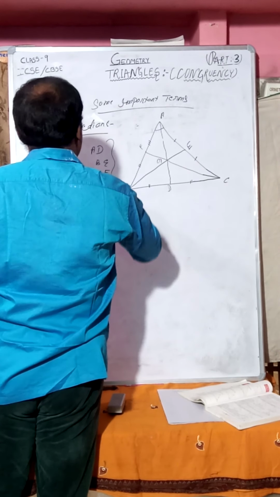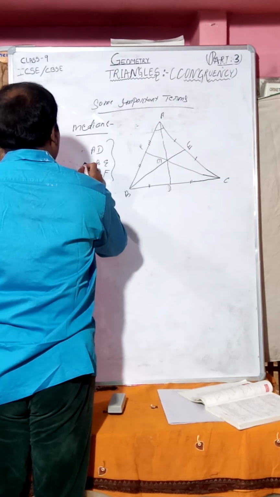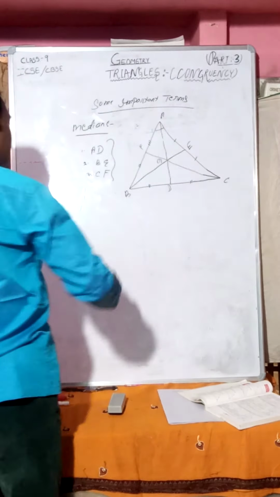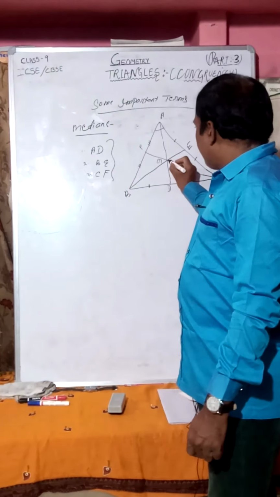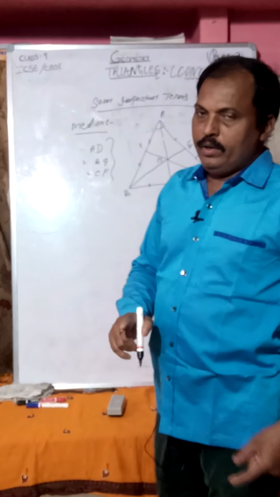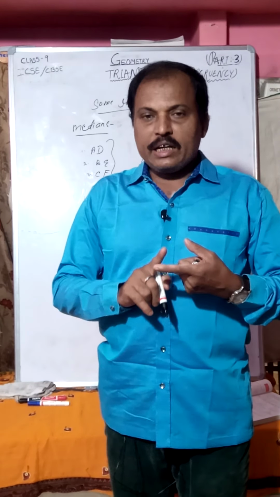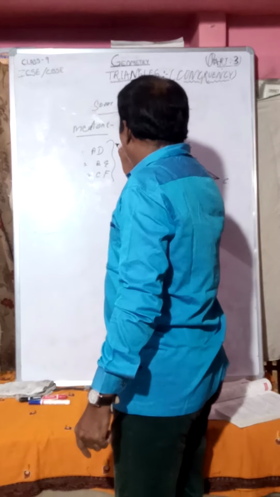3 medians of a triangle, 1, 2, and 3. The intersecting point of the 3 medians is one point, which means the 3 medians are concurrent.